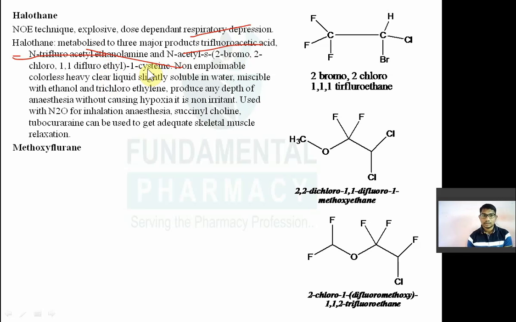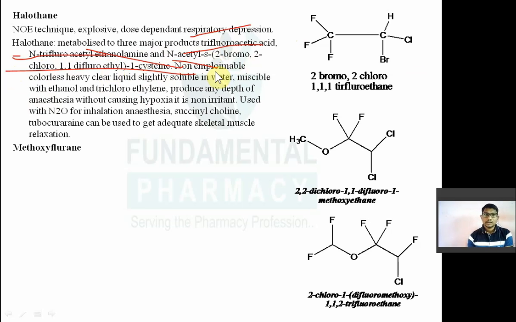Then third one is nothing but the N-acetyl S-2-bromo-2-chloro-1,1-difluoroethyl. So this halothane is metabolized in the body into these three metabolites. ये तीन metabolites होते हैं halothane का. So remember these three: trifluoroacetic acid, N-trifluoroacetyl ethanolamine, and then N-acetyl 2-bromo-2-chloro-1,1-difluoroethyl.